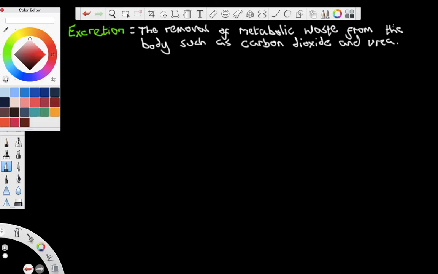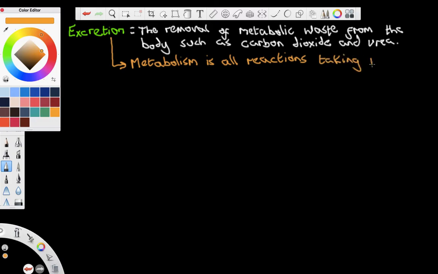Now, metabolic waste is a term used to define waste products produced in your metabolism. Your metabolism is all of the reactions taking place within your cells. So metabolism is all reactions taking place inside the cells of an organism.